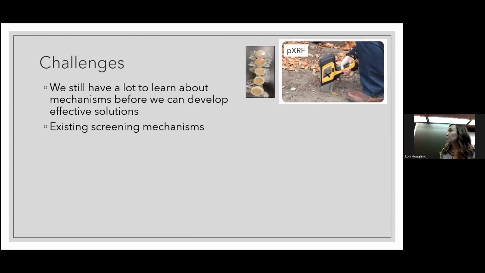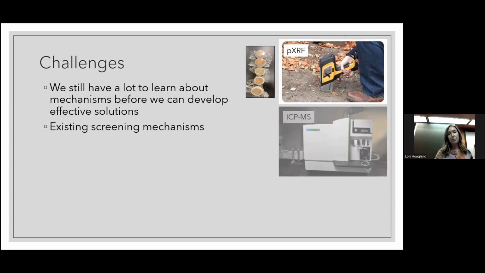You can use simple XRF machines. You can measure the surface soil, as shown here, or get soil samples deeper in the profile and pack them into little cups like this, which is really nice. For some metals like lead it's highly accurate, but it doesn't work well for other contaminants like cadmium that are in very low concentrations.